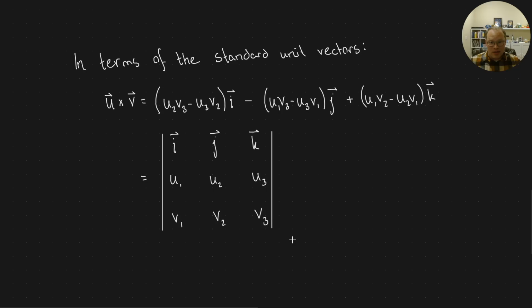It's more of a mnemonic device to help us remember the form of the cross product. So this is a mnemonic device, not a true determinant. But it's very useful for our purposes.